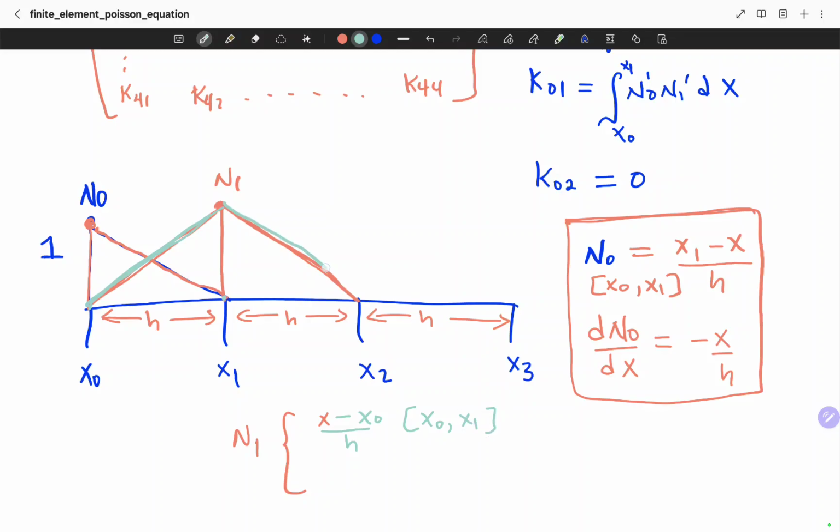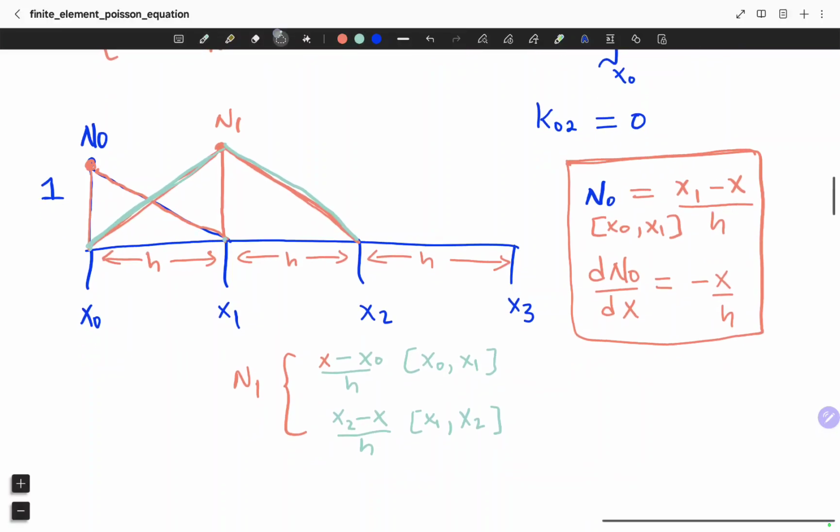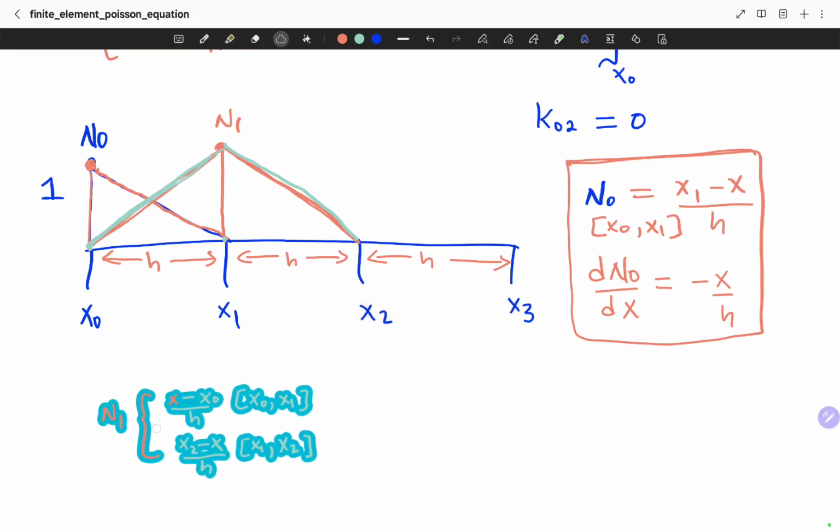And then this line that is going down is x2 minus x over h from x1 to x2, and that is n1. So you can get the derivative of n1 as well.